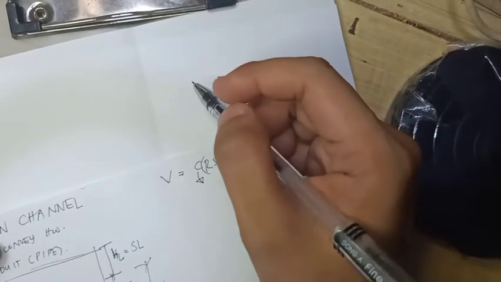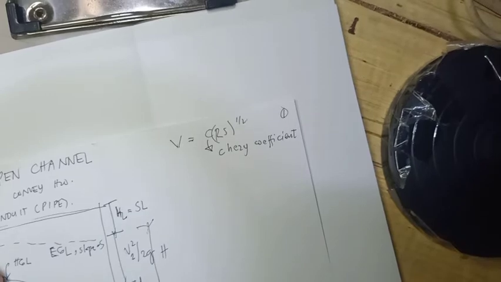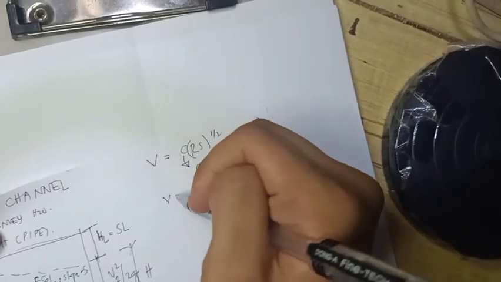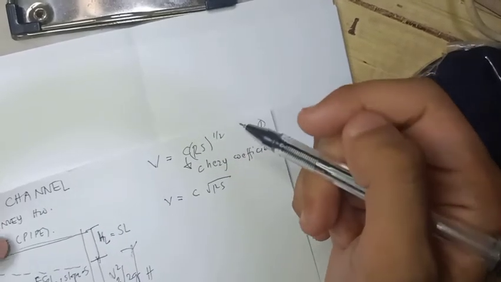C is the Chezy coefficient. Or we can write V equals C times the square root of RS.